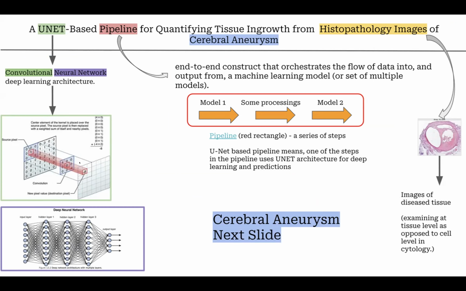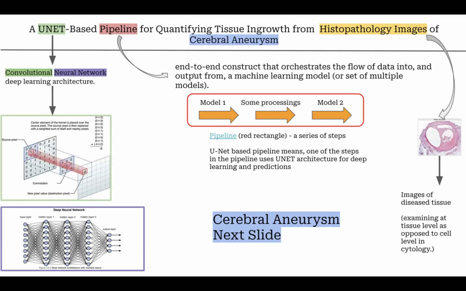This process goes on for multiple layers until it makes a prediction. This is inspired by the human brain, where the neurons are interconnected. In similar fashion, in a convolutional neural network, there are multiple layers with multiple nodes, and they are connected to each other.